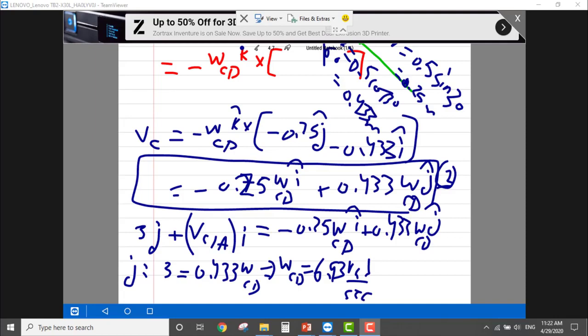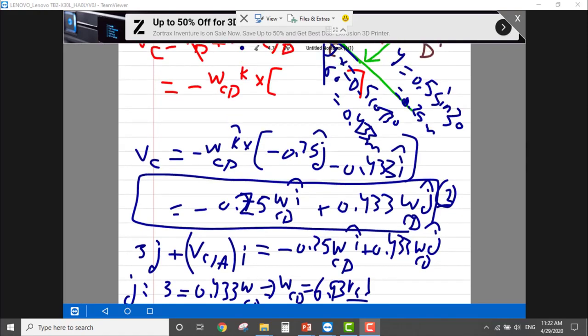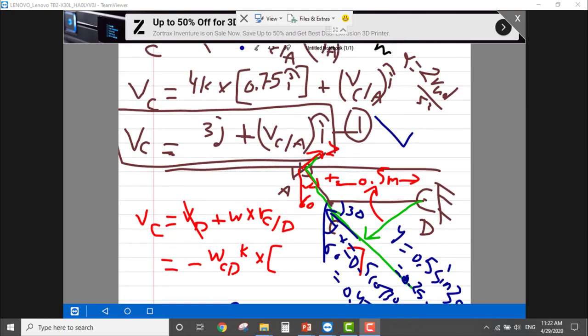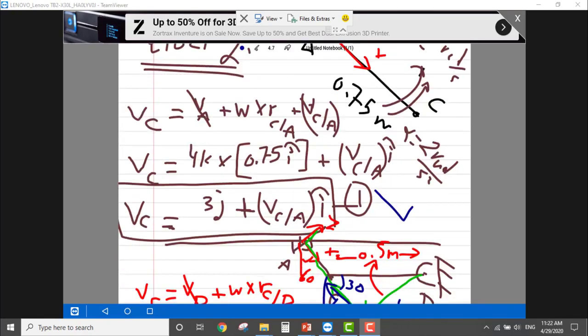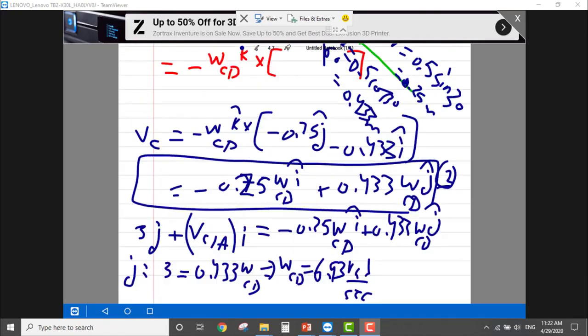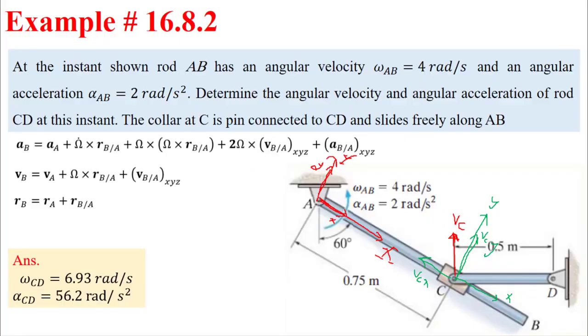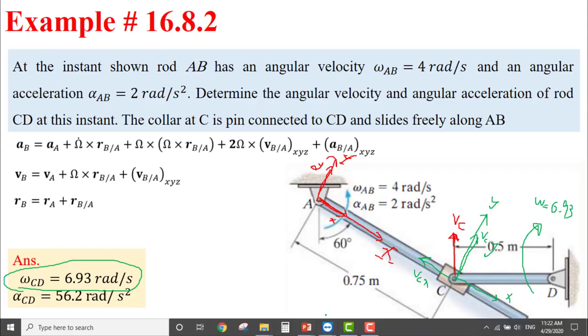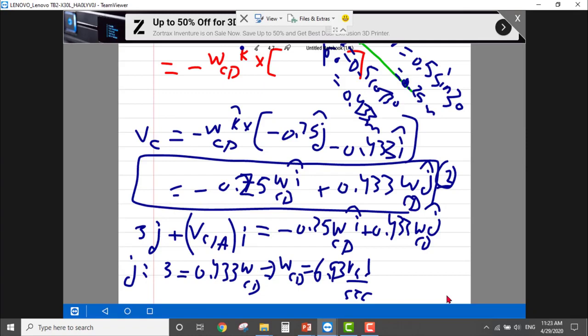So omega CD, the first unknown, is 6.93. Now the other unknown is VCA.